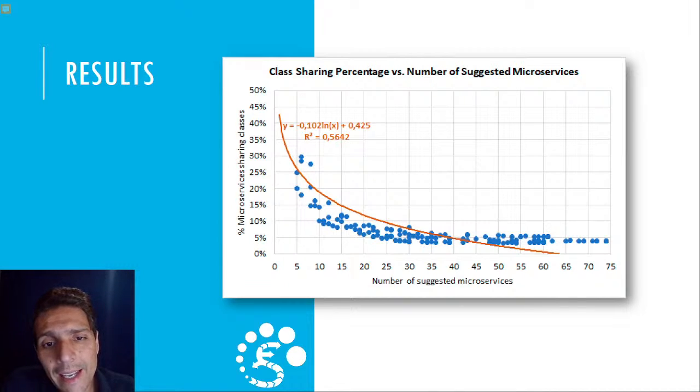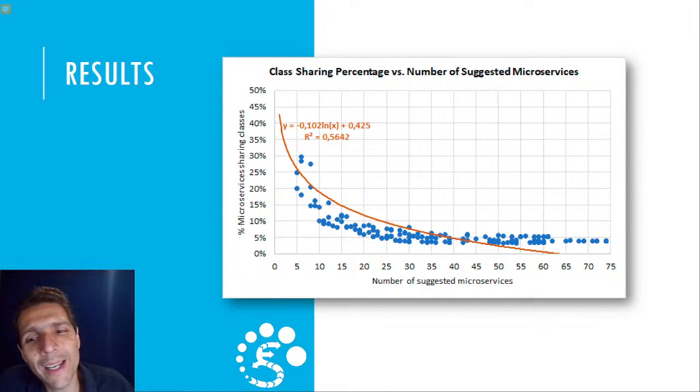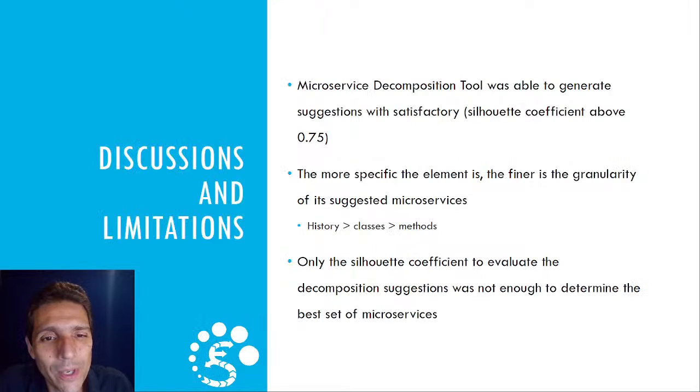It's not actually a knee like we wanted, a more prominent curve, but we can see that around the number between 15 and 20 microservices, we have a change in the slope, and this change in the slope suggests that there's a limit of microservice decomposition. It's another way to analyze and assess how the decomposition is working.